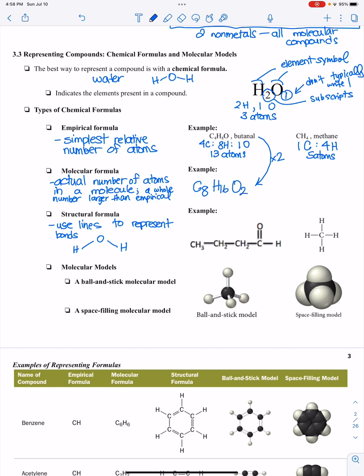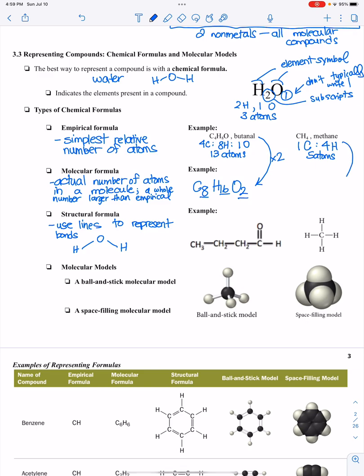This would be considered a molecular formula, and as you guessed, all of these can be divided by a common factor. They all have a common multiple of 2. If I divide all of them by 2, I'll end up with my empirical formula of C4H8O. I just wanted to do that as an example. The subscripts can be divided by a number that they all have in common.